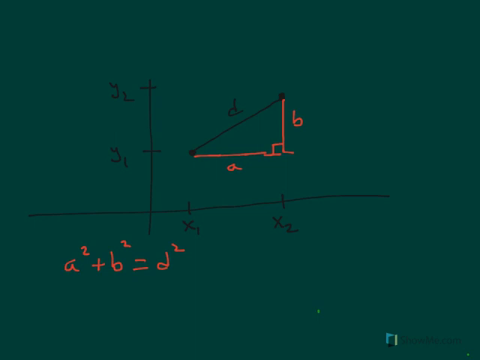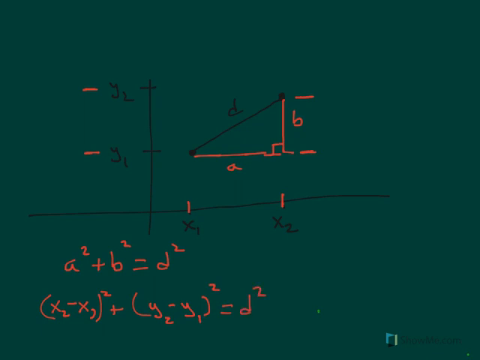And how would you find the value of a from here to here? It's just going to be the difference between x sub 2 and x sub 1. So it's going to be x sub 2 minus x sub 1 squared plus, and then the distance between here and here is y2 minus y1, so y2 minus y1 squared, and that's going to be that distance squared.